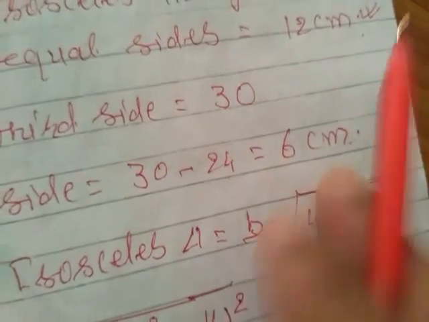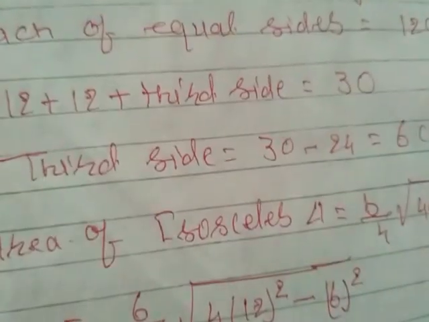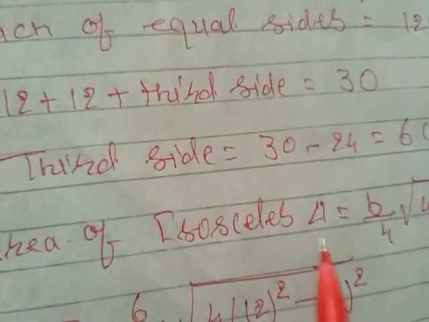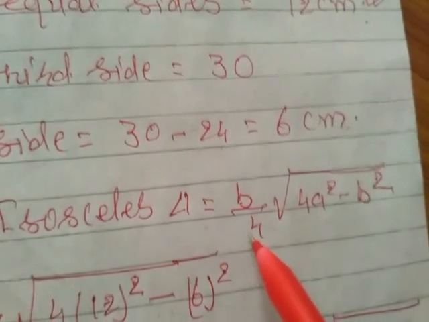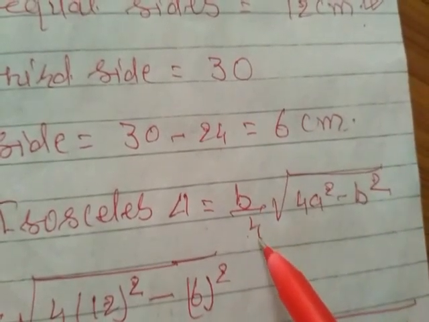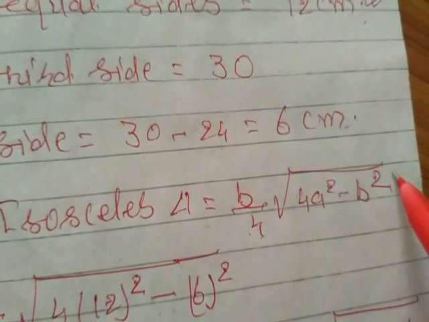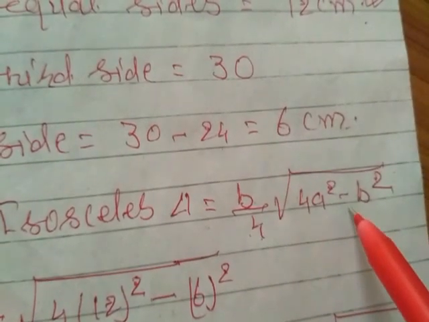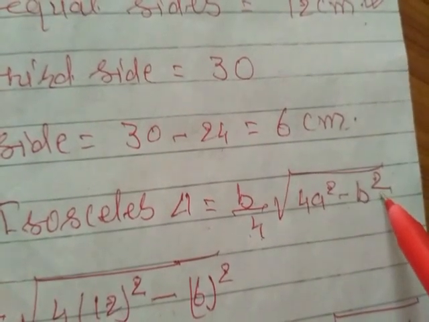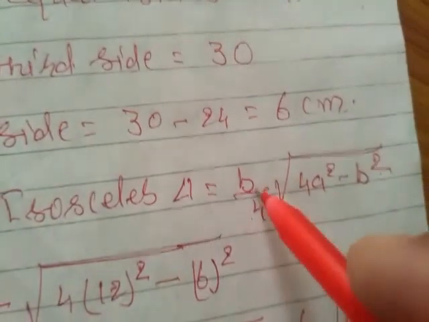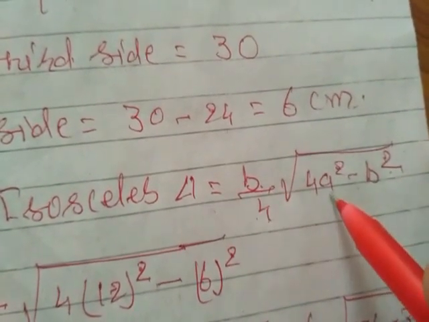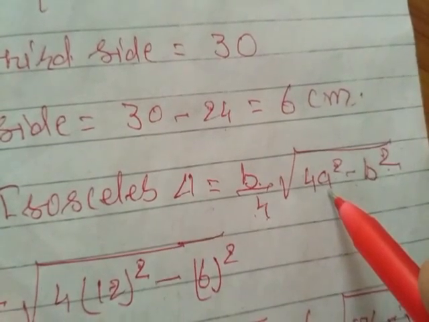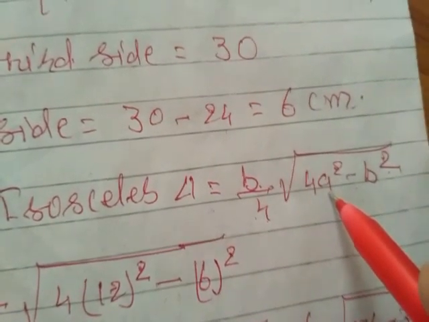Now we are going to apply the area of isosceles triangle. As you know children, the area of isosceles triangle is equal to b by 4 under root 4a square minus b square, where b is the base of the isosceles triangle and a is the equal sides of the isosceles triangle.